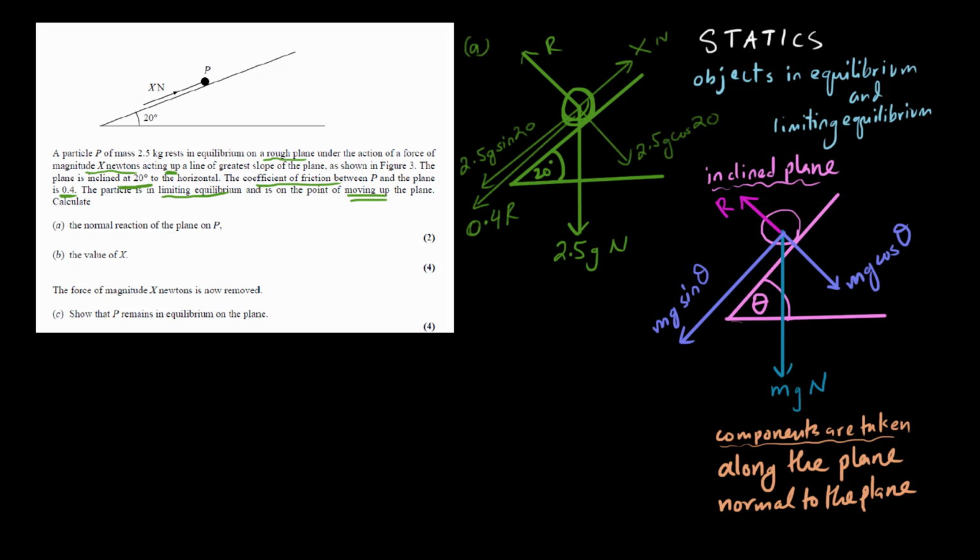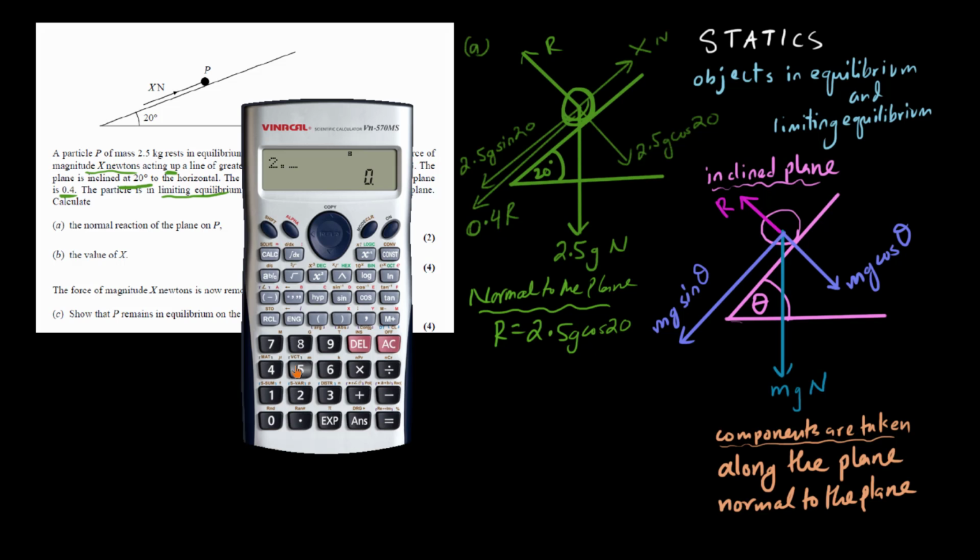So let's do this. We have to find the normal reaction R. So for finding the normal reaction R, we can just use normal to the plane, and that is going to be R equals 2.5 g cos 20, and this turns out to, so 2.5 times g, so g is 9.8, multiplied by cos 20, 23.02.